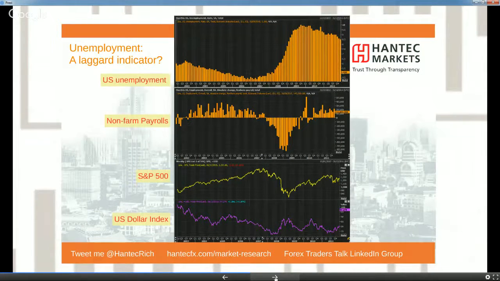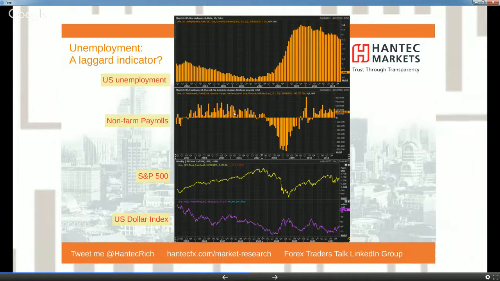Now, very quickly, is it a lagging indicator? Well, unemployment is always considered to be a lagging indicator, but I thought I'd just drag this chart up, which compares how unemployment went through the late 2000s, and the impact of non-farm payrolls and how it coincided with moves in the market. Obviously, the big move in the market came in mid-2007, where the market started to drop off. And in mid-2007, you started to see the level of unemployment rising.